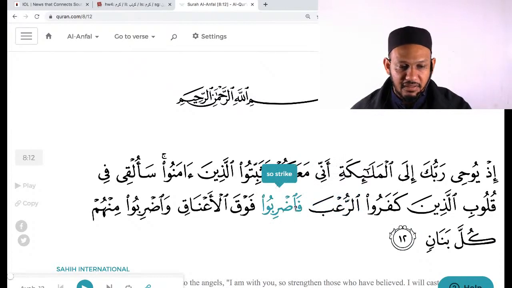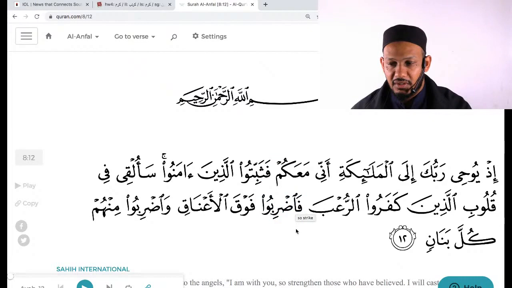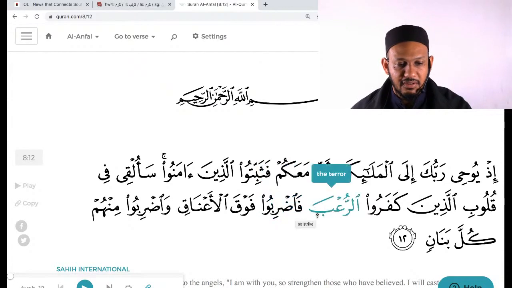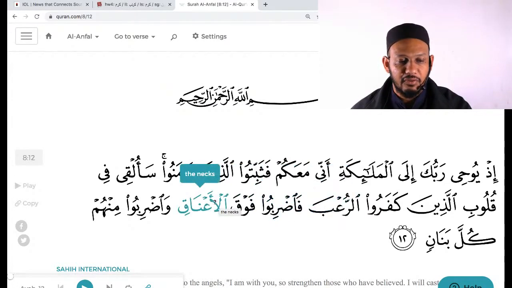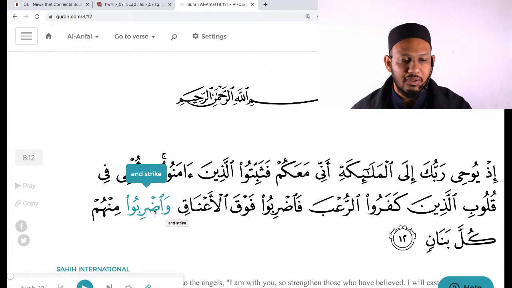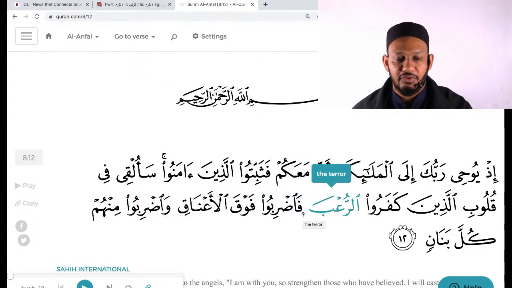Then it says here, can you see there? This is the amr idrib, idribu. So this becomes what? Fadribu. So I'll read through here: فاضربوا فوق الأعناق واضربوا. Two amrs here. فاضربوا, واضربوا. So again I won't say وإضربوا or فإضربوا. I'll say فاضربوا and واضربوا.